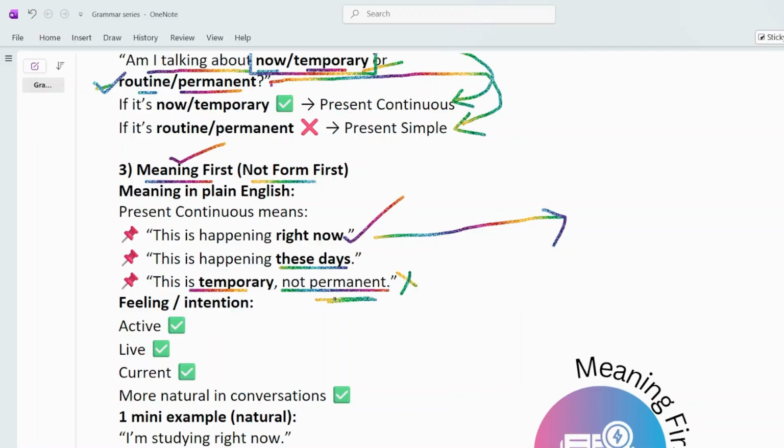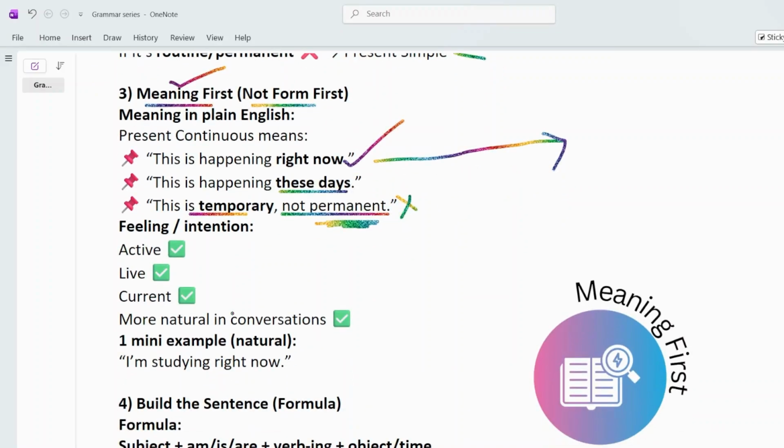Remember that, okay. It can be a routine as well. All right. So, whenever you use this tense, it feels like your sentence is living right now. It feels active, and it is in the current situation. Okay, what happens here? Obviously, your conversations become more natural and fluent.